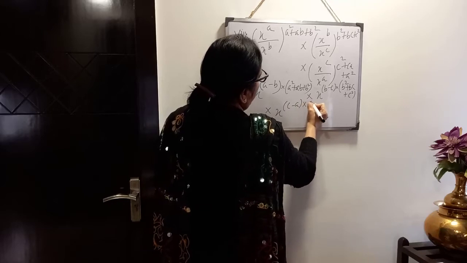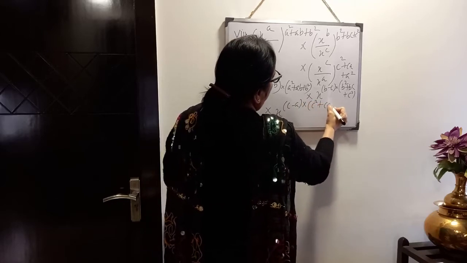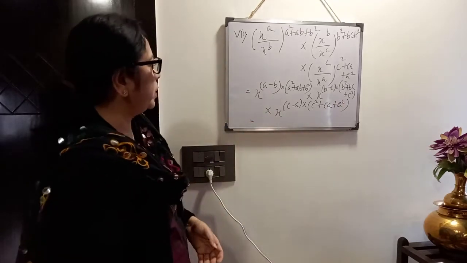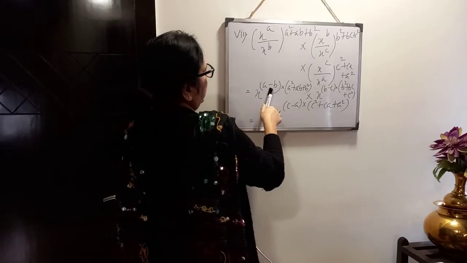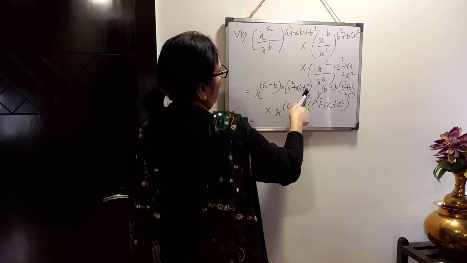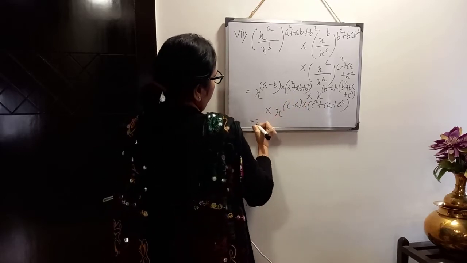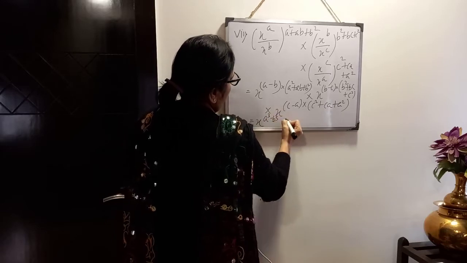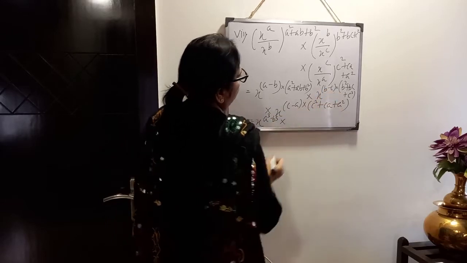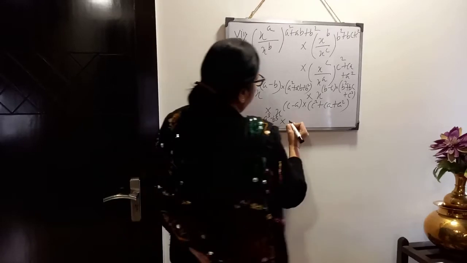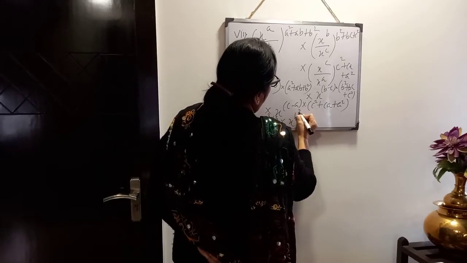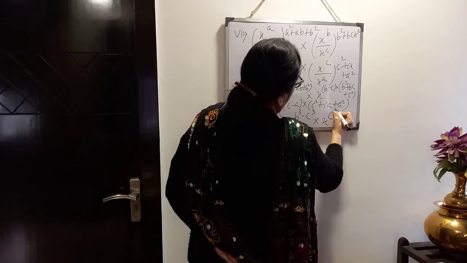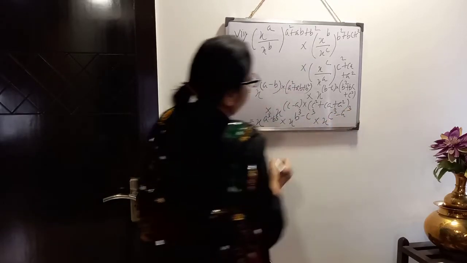So this is multiplication, c square plus ca plus a square. Now we will apply one formula. What is that? a minus b into a square plus ab plus b square means what? a cube minus b cube. Clear? Similarly here, b minus c into b square plus bc plus c square means b cube minus c cube. Here also same formula applied, c cube minus a cube.